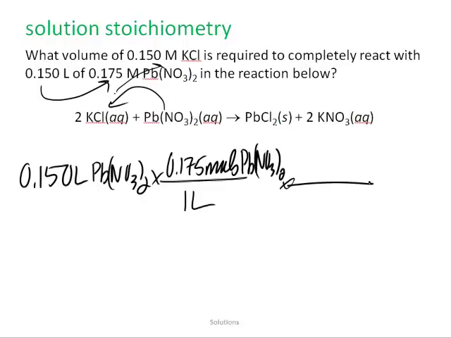And our coefficients show us that 1 mole of lead nitrate will need 2 moles of KCl to react.